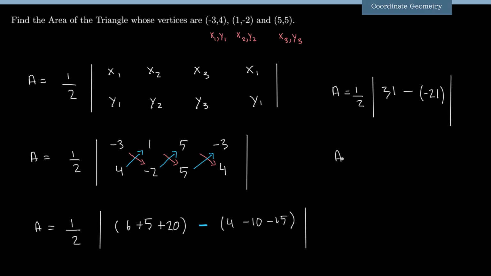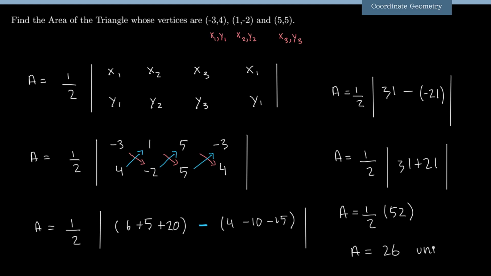So the area is going to be equal to 1/2 times modulus 31 plus 21. 31 plus 21 is 52 and the modulus of +52 is just 52. So the area would be equal to 1 upon 2 times 52. And this comes out to be 26. So the area is equal to 26 units squared. This is the area of the triangle whose vertices are this. And so this is my answer.